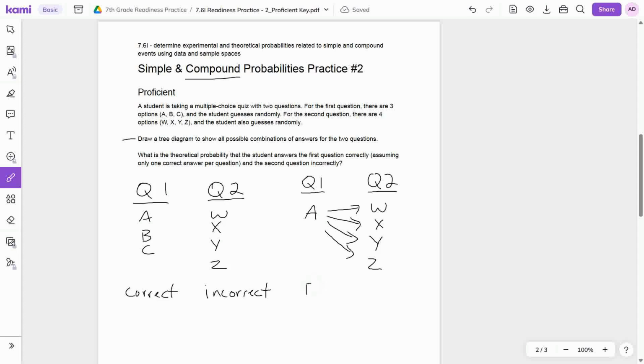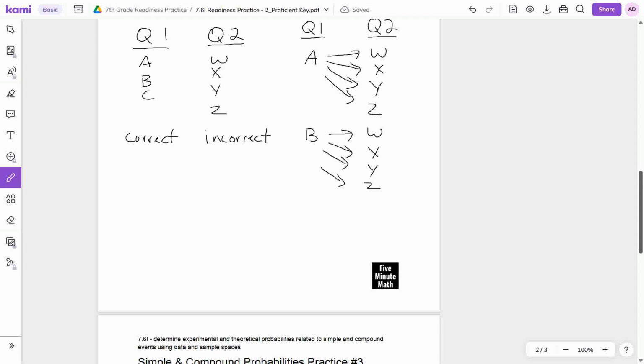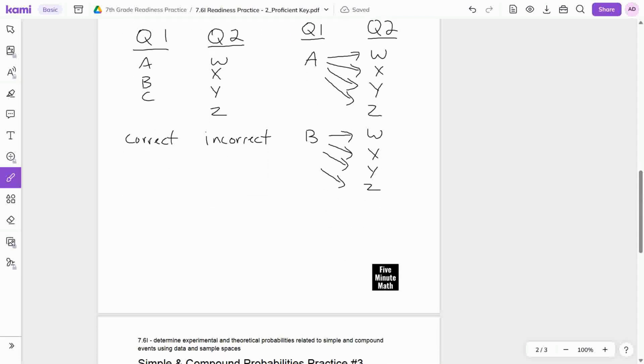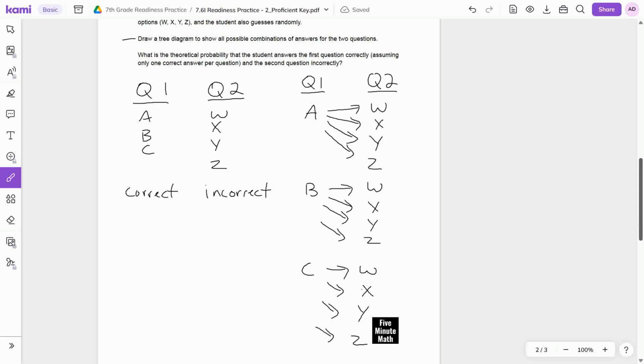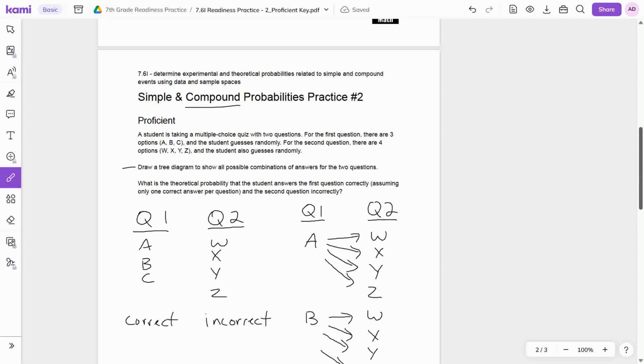And then I can repeat the same thing with B. You can get B and then W, B and then X, B and then Y, B and then Z. So we've shown you with the tree diagram all the different possibilities with A, different possibilities with B. Let's go ahead and do C. W, X, Y, Z. Now, that's our first one right here. So we'll put tree diagram here, so that's clear on our answer key.